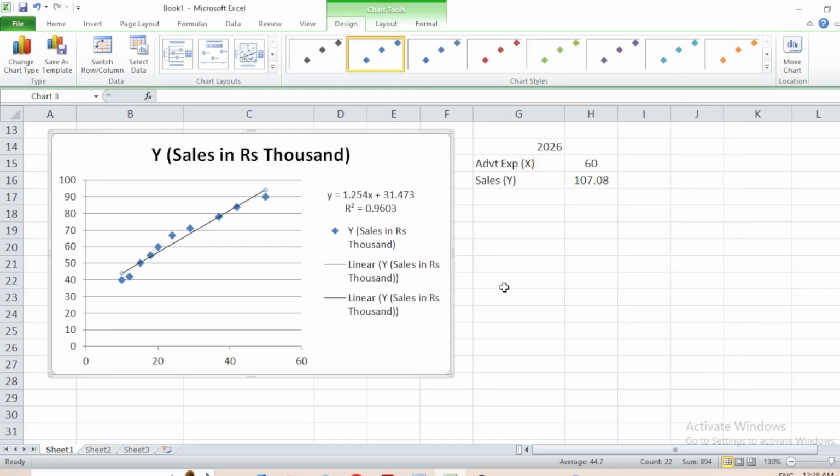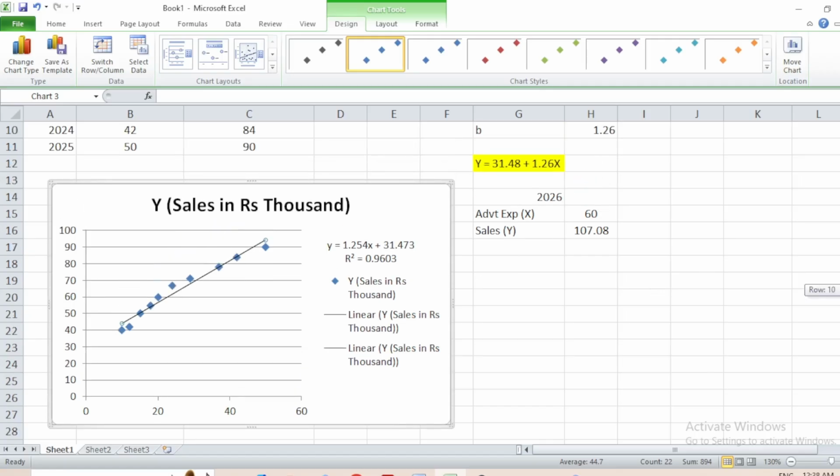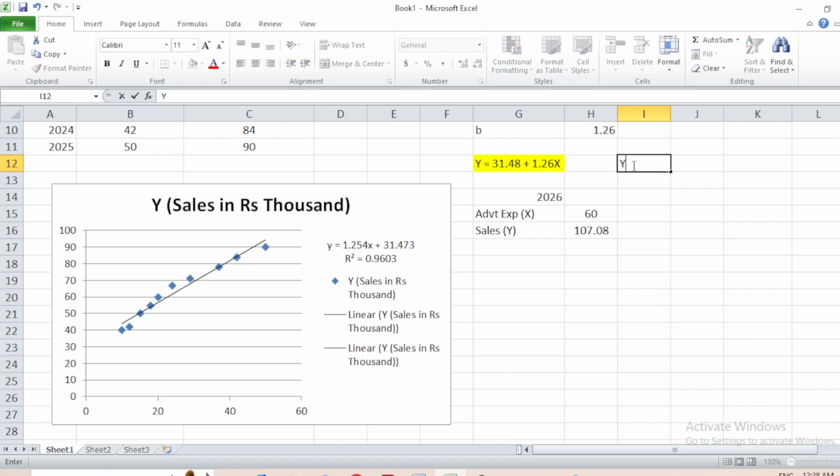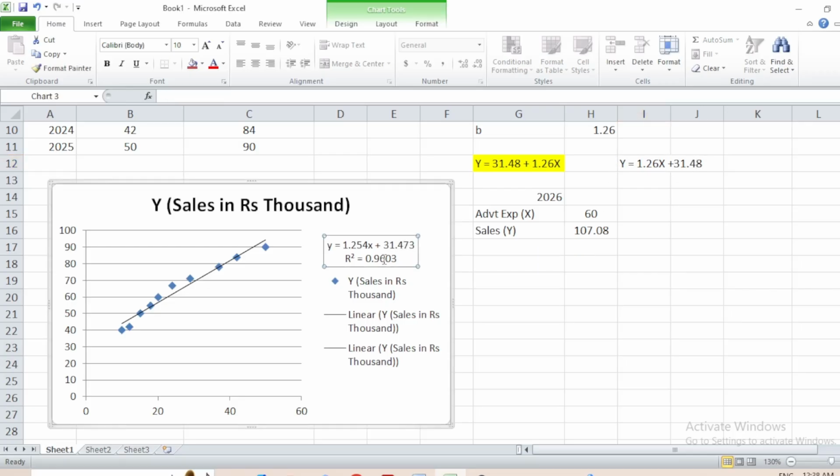Now, if you can see, the equation that we have got in our analysis was y is equal to 31.48 plus 1.26x. It can be written as y is equal to 1.26x plus 31.48, which is the same thing that is being given here.